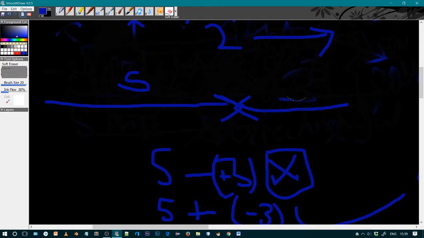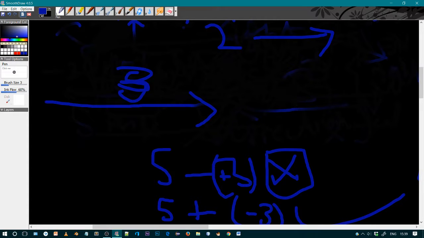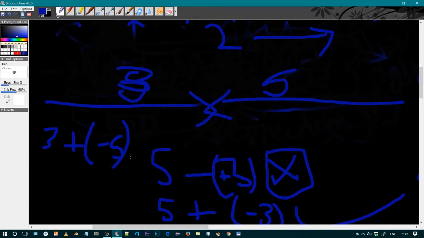So if a vector is, for example, 3 here and 5 here, then 3 plus minus 5 will be your actual sense. You will write this equation in your mind.